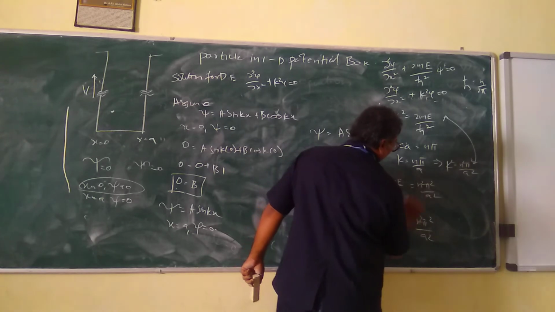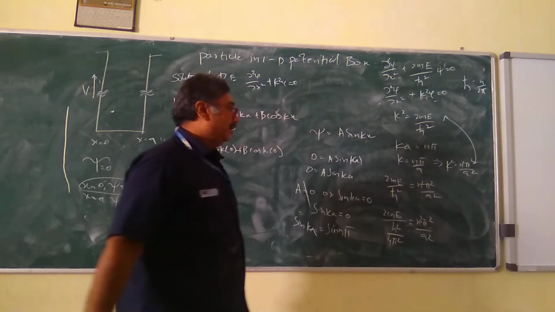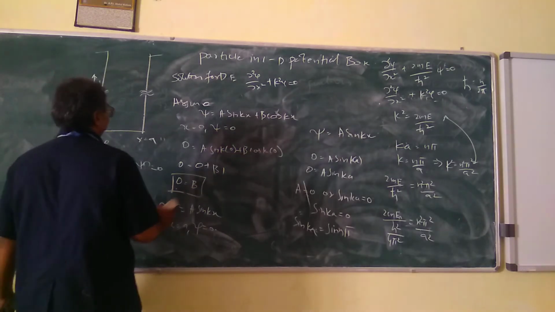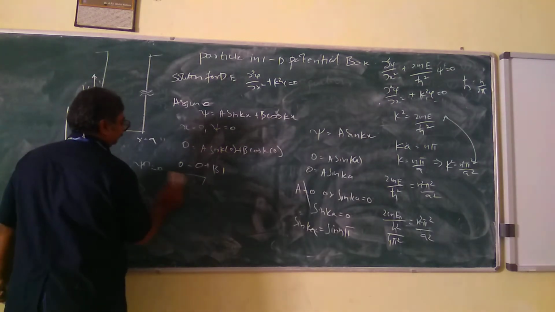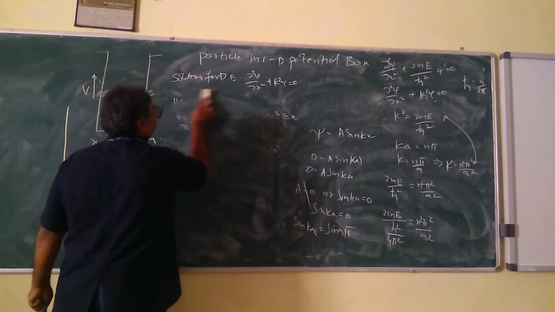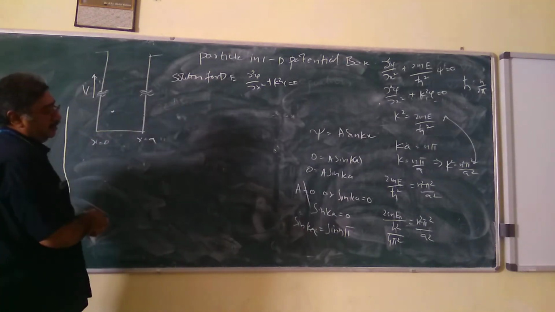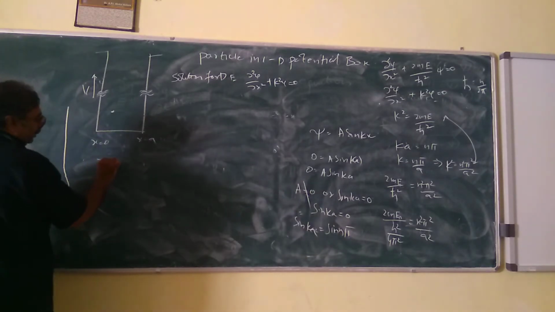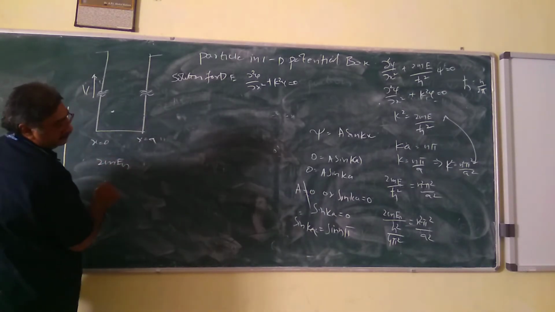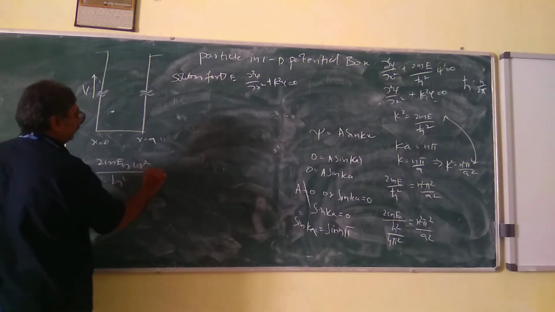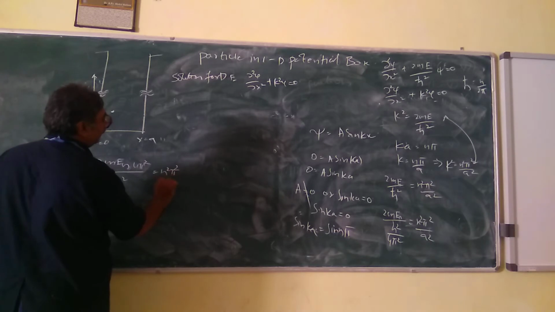Let us assume this E to be some E_n. So the equation can be rewritten as 2mE_n·4π²/h² = n²π²/a².